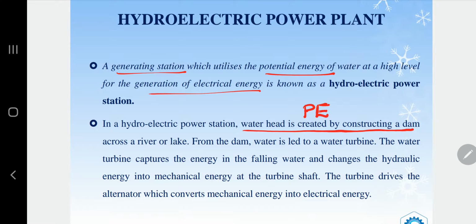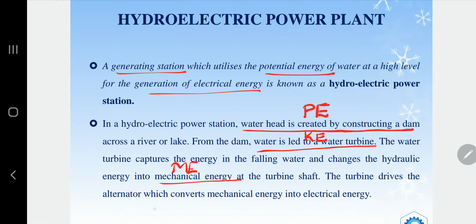Now from the dam, the water is led towards the water turbine, where it is converted into kinetic energy. The water turbine captures the energy of the falling water and changes the hydraulic energy into mechanical energy, which means the kinetic energy of water is now converted into mechanical energy. This turbine is used as a prime mover for the alternator.